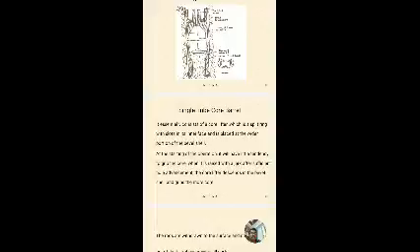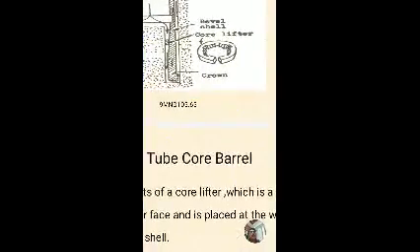When it rotates, the core will come into the drill rods. Okay, are you catching my point? The core will come into the drill rods. The ring is placed in the wider portion of the bevel shell, and the core will come into the slit ring.